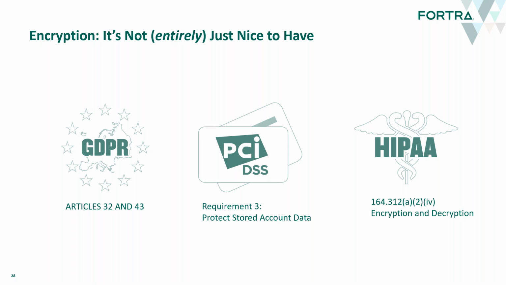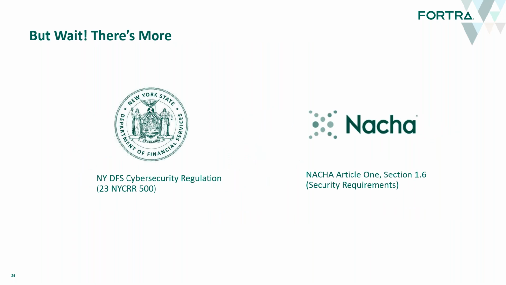And then HIPAA as well, the encryption and decryption. So those are the three big ones a lot of us are really aware of, but there are a lot more mandates that may be more regional and more specific to certain industries that aren't quite as well known, but can still impact businesses that don't even realize that they fall under that mandate.